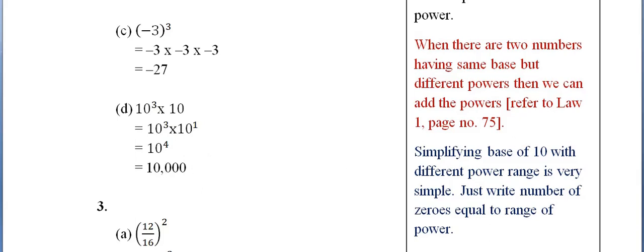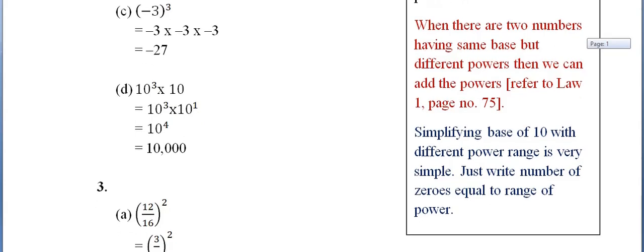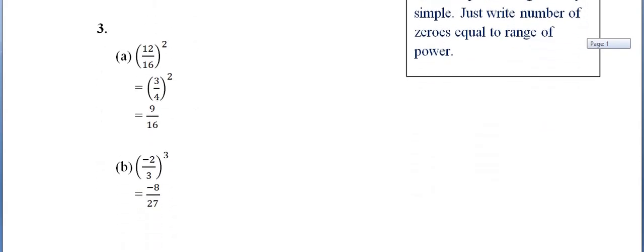Now let us move on to question number 3. Evaluate the following. So the first question is 12 by 16 whole square. You will read it as whole square because this power 2 is for both 12 and 16. So first of all, you can simplify both 12 and 16.